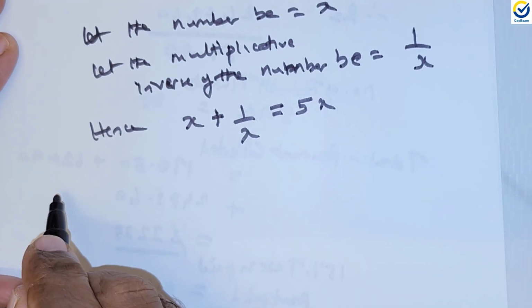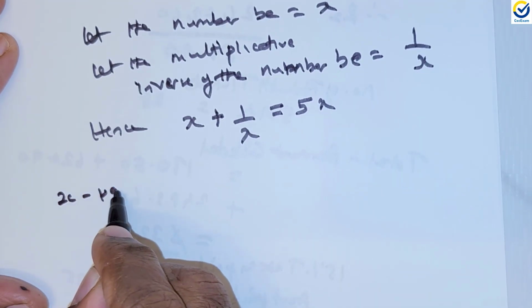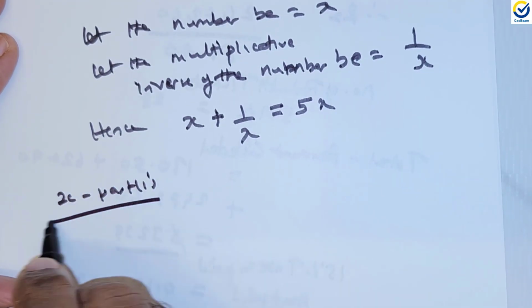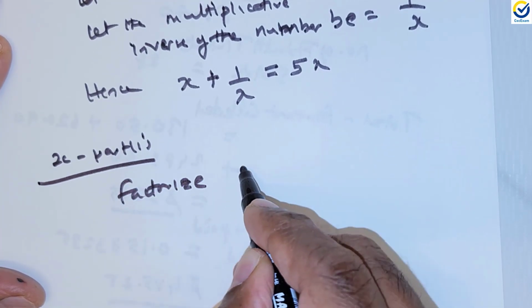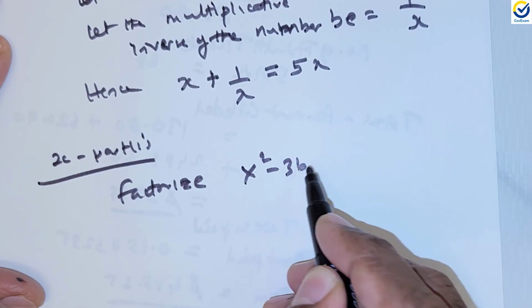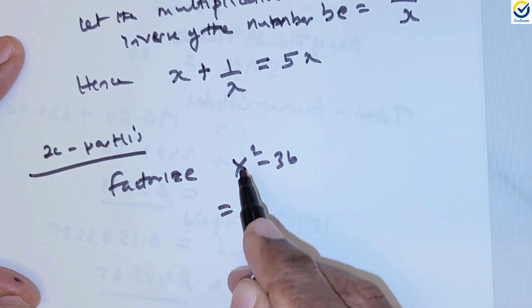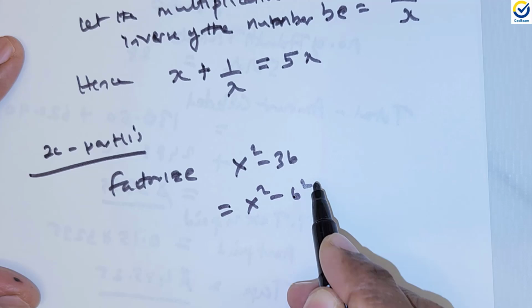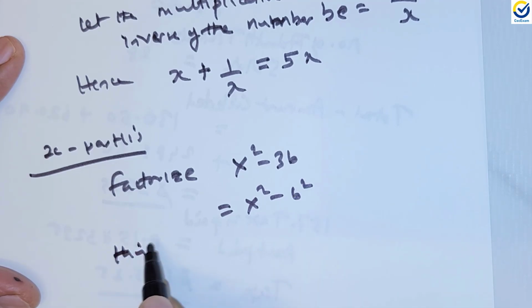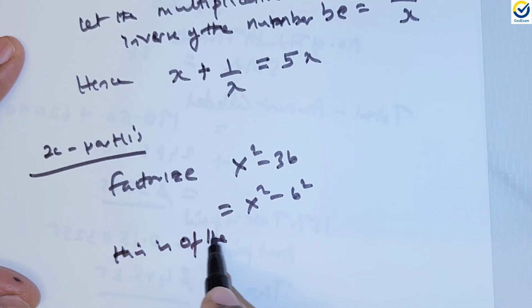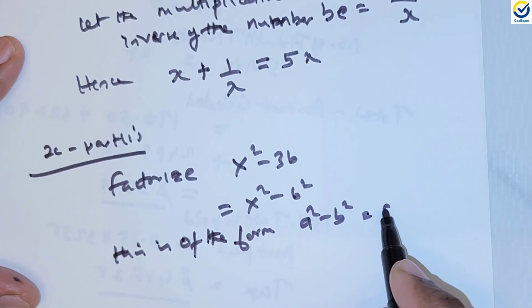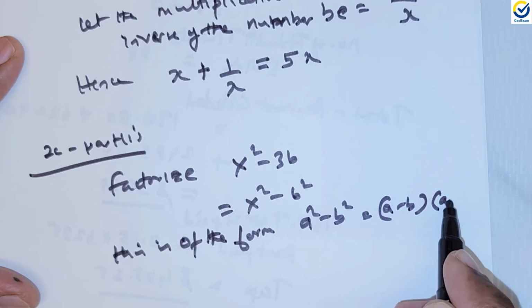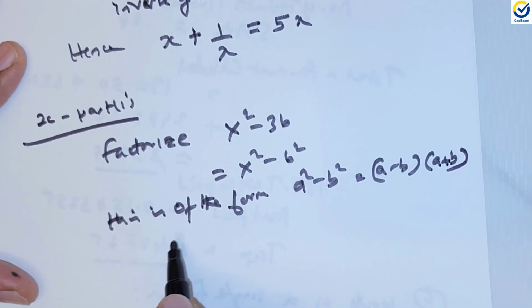So this is the next question, 2C part 1. They are asking us to factorize x squared - 36. Now this is rewritten as x squared - 6 squared. This is of the form a squared - b squared, which is written as (a - b)(a + b).